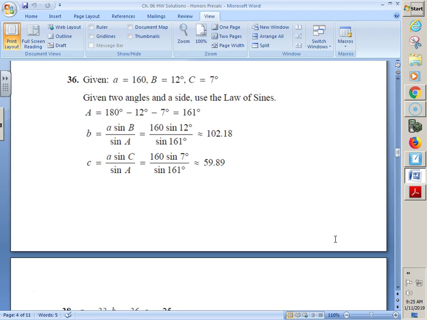So long story short, now that you know both, use a given case. Law of cosines is great for side, side, side, and side, angle, side. Law of sines is great for angle, angle, side, or side, side, angle, but remember it's the ambiguous case.